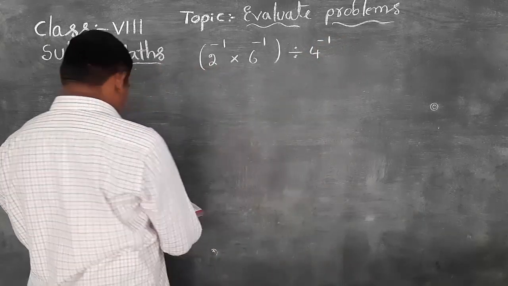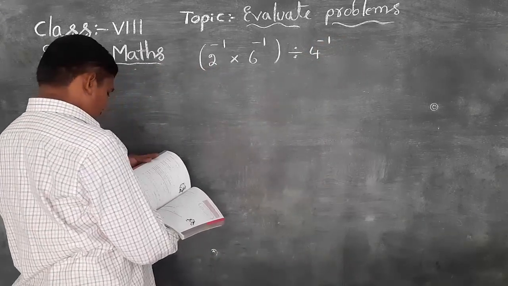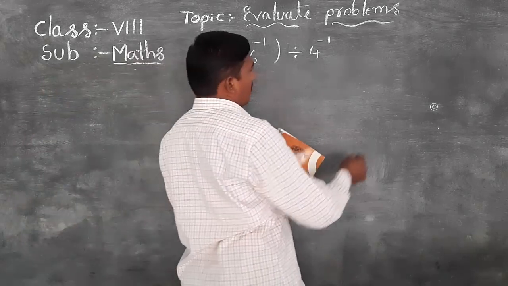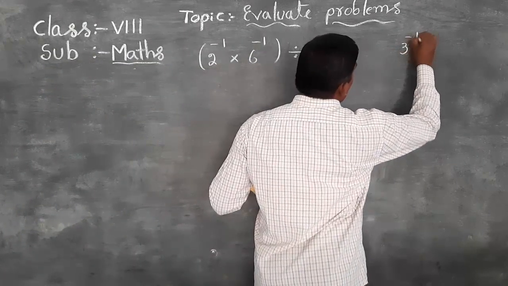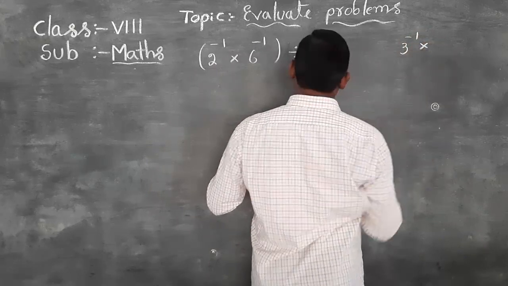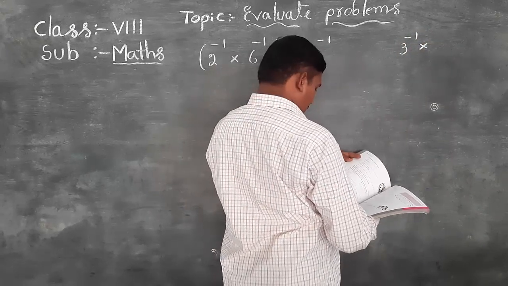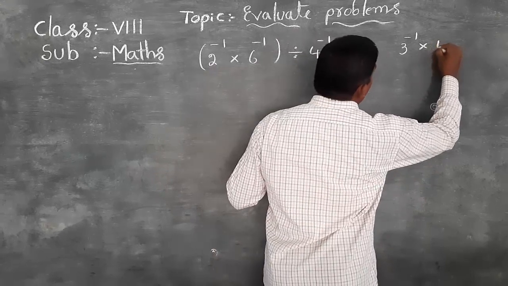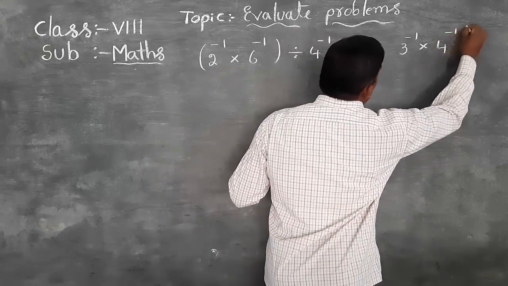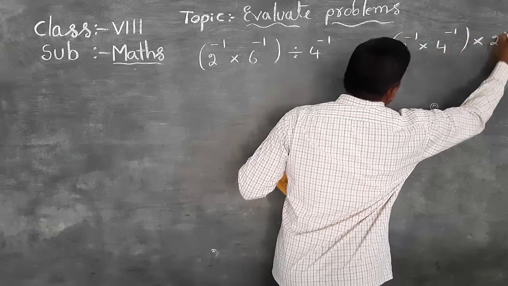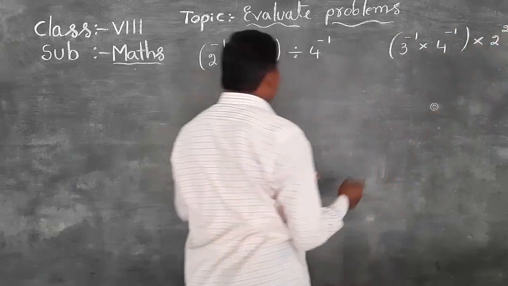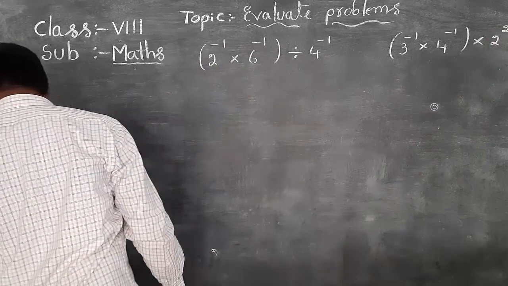One problem this, one more problem: 3 inverse into 4 inverse into 2 square. We'll discuss these two problems first.